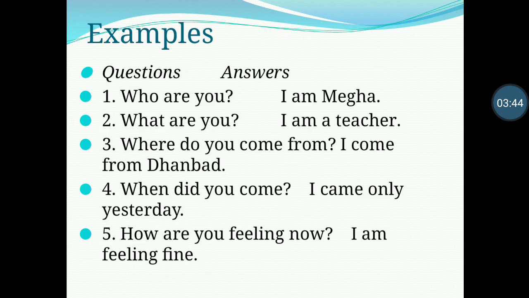For example, who are you? We cannot give yes or no to this question. WH questions need a complete answer. Who are you? I am Megha. What are you? I am a teacher. Like this. So WH questions require complete or full information. We should not give short answers like yes or no.